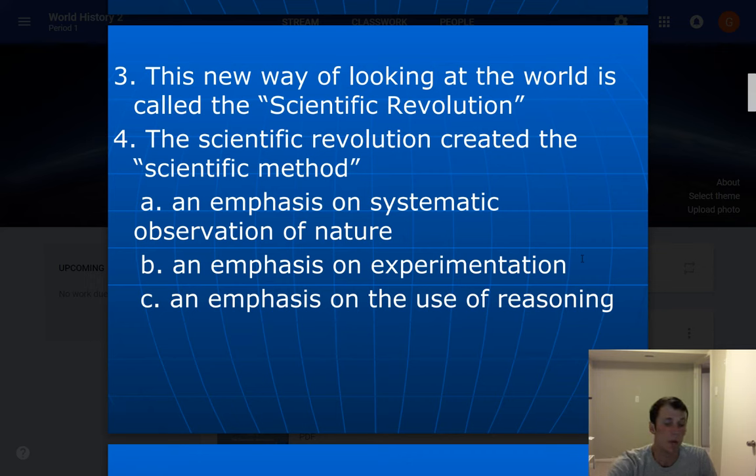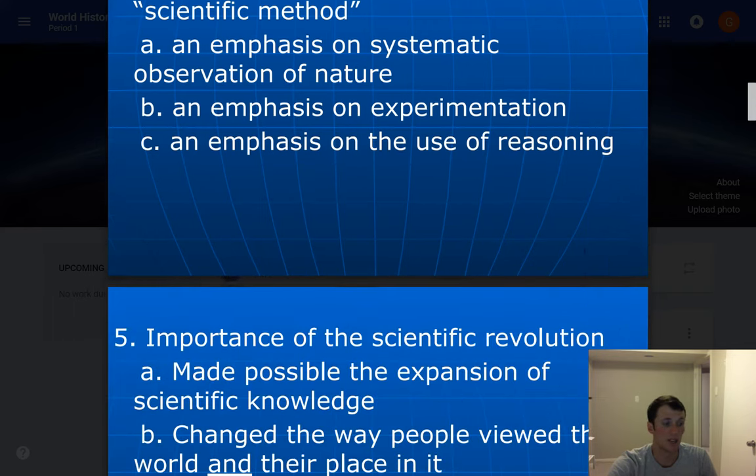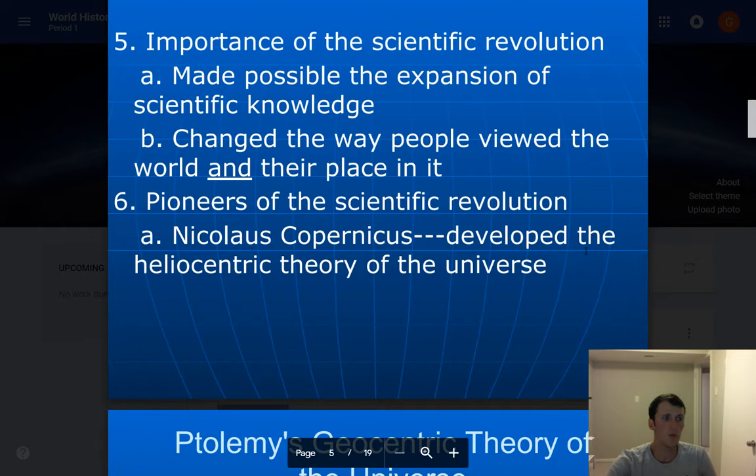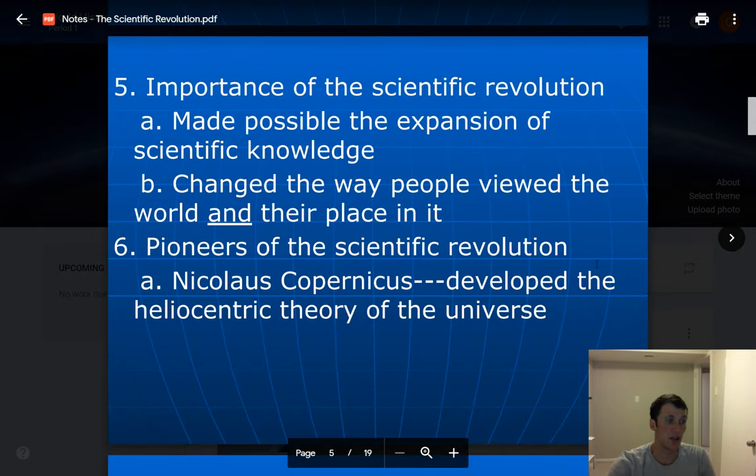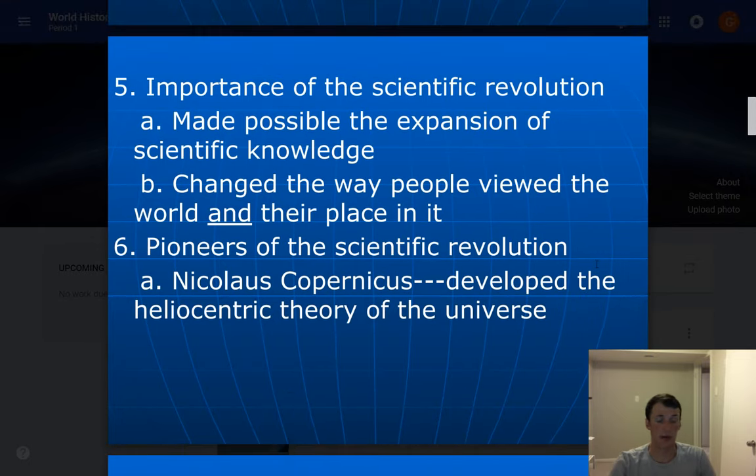We had a little warm-up on it. So this process has been super important for science as we know it today, right? So we're going to get this expansion of knowledge that begins around the 1500s.